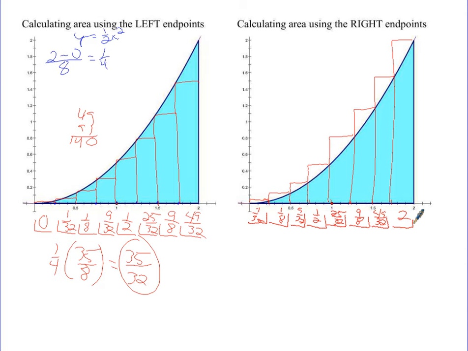Well, let's add those all together. It's what we have plus 64/32. 35/8 plus 16/8 would be 51/8, times 1/4.